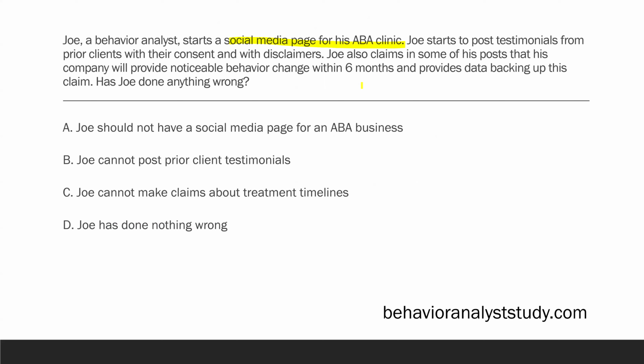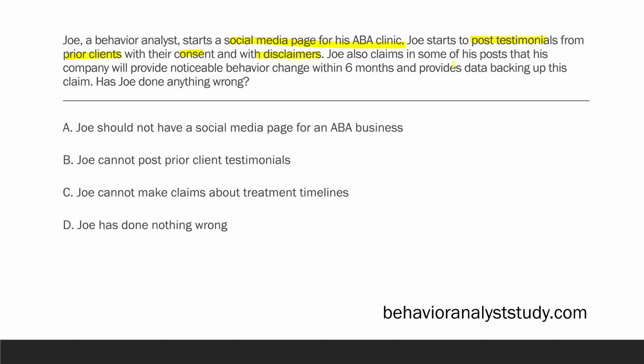But if you have a business or a professional page, that is allowed under certain terms. Then Joe starts posting testimonials from former clients with consent and with disclaimers. Can we use testimonials from past clients? You can with consent and with disclaimers. Joe hasn't necessarily done anything wrong here.